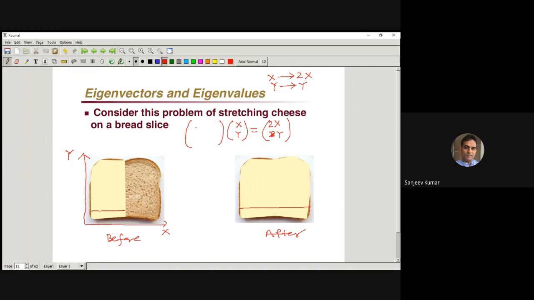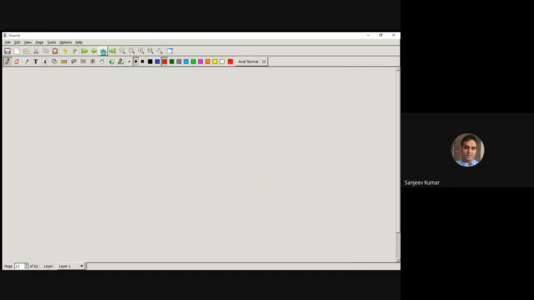It will be 2, 0, 0, 1. So 2 into x plus 0 into y will become 2x, 0 into x plus 1 into y will become y. Okay. So this linear transformation is this one, 2, 0, 0, 1.